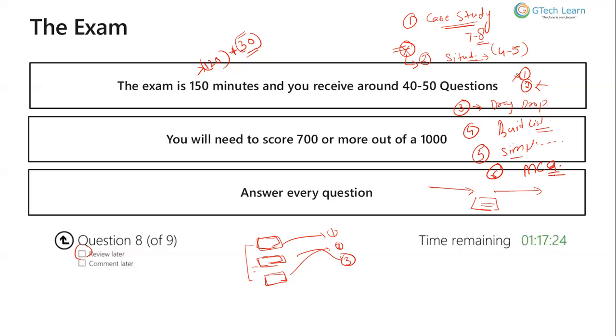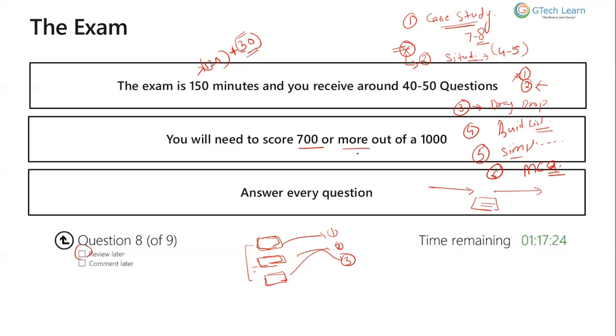Apart from that, talking about the markings, the important thing is that there is no minus marking in the examination. However, the exam is going to be a total of 1000, in which you need to score at least 700 or more in order to clear your certification.